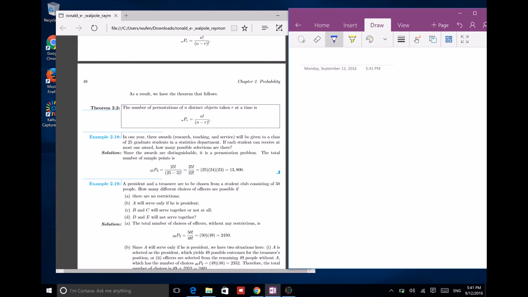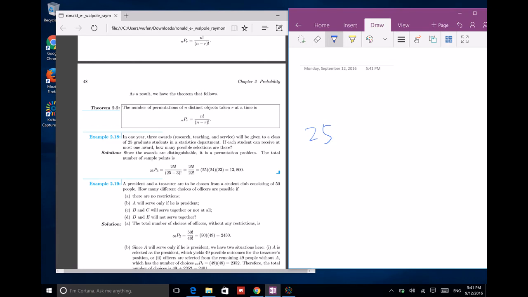Well, take the previous example, like selecting a chair or the other position. Basically, for the first award you have 25 graduate students, so you have 25 options.